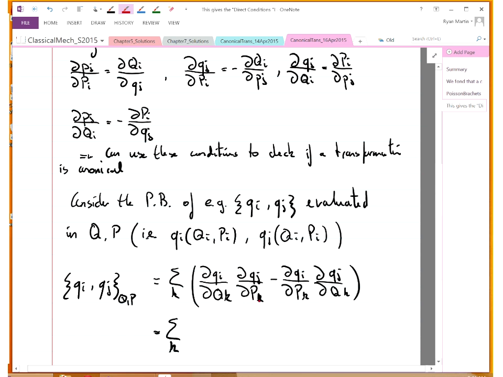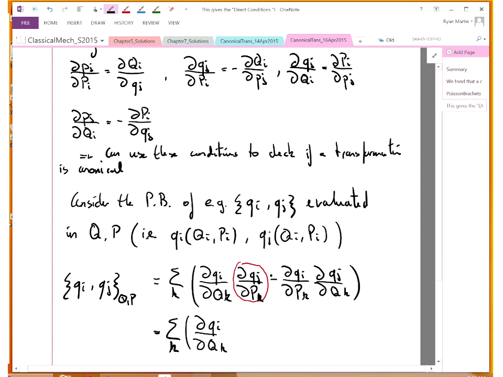Namely, I'm going to get rid of the partial of qj by partial of Pk. So I'm going to apply the direct condition to this red term.